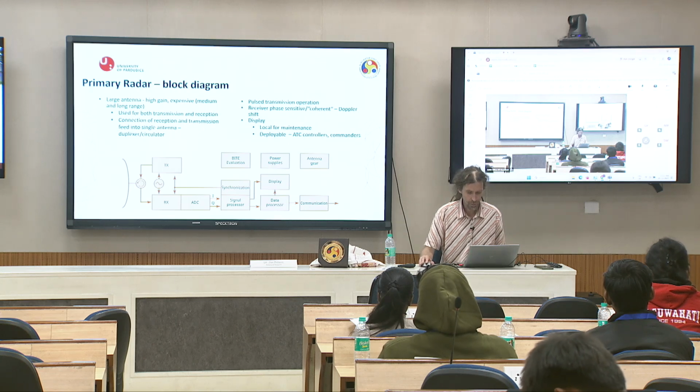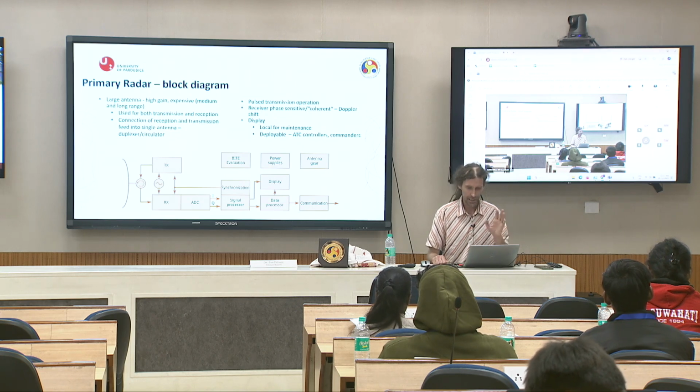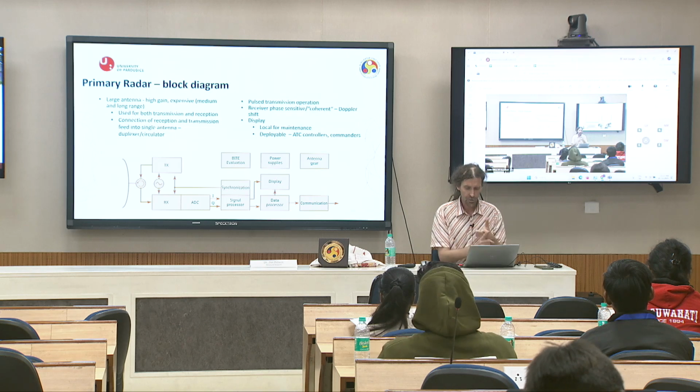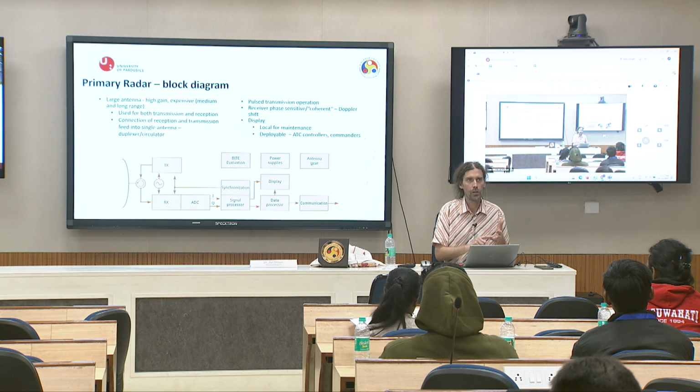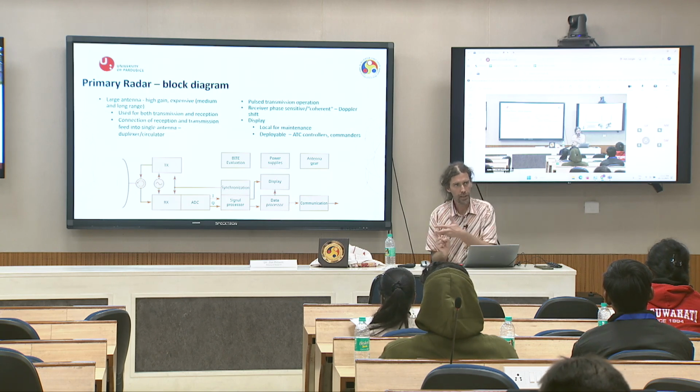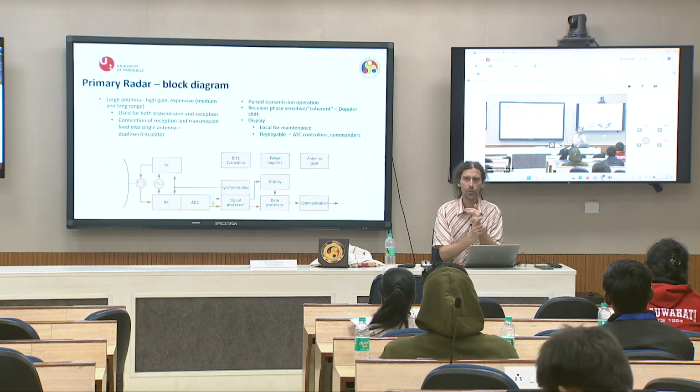So that is the waveform generator. After we generate the waveform in TX, which includes pulse shape, carrier frequency, and modulation, whether it is LFM, linear frequency modulated, non-linear frequency modulated, or coded modulated.